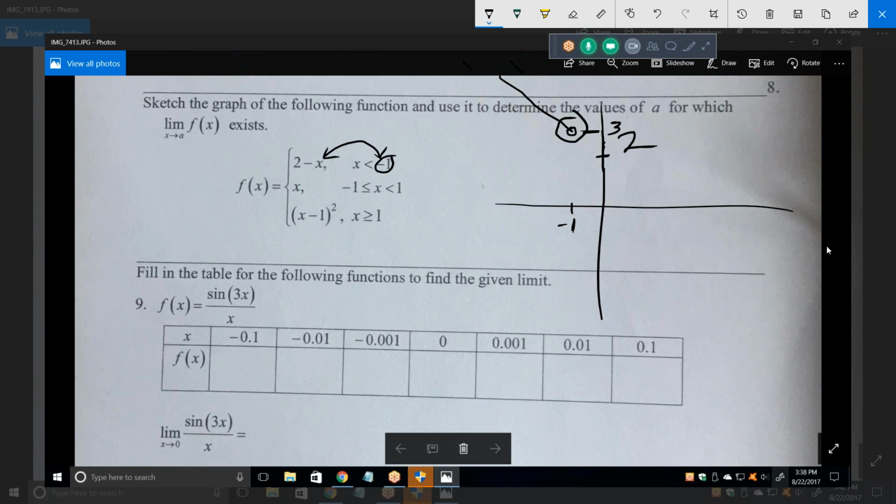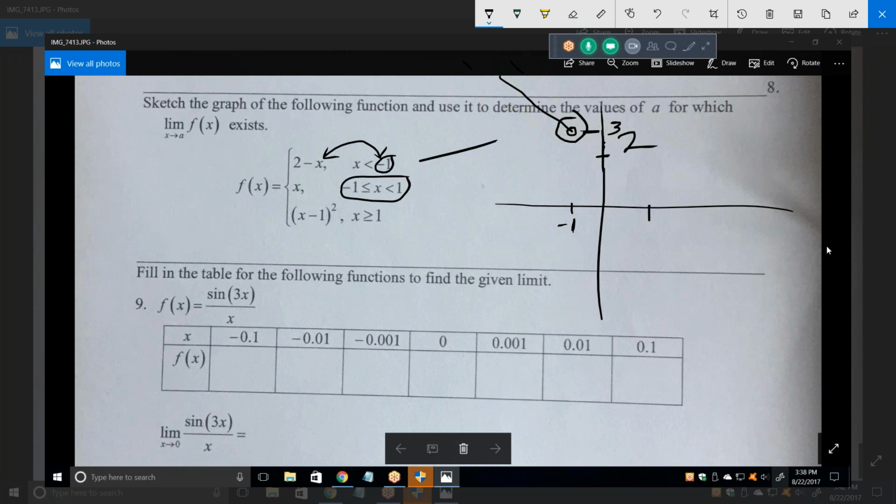Okay, now between -1, remember, this is the next thing to look at. We've got this part graphed, but we don't have the middle part graphed. What's this graph look like between -1 and 1? It goes through the origin.